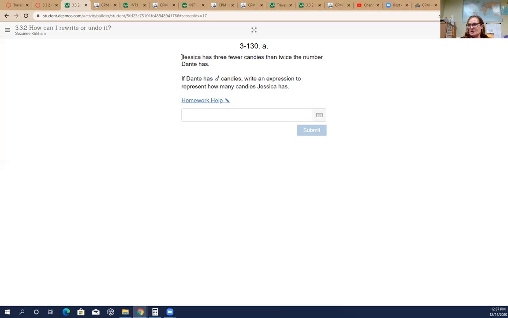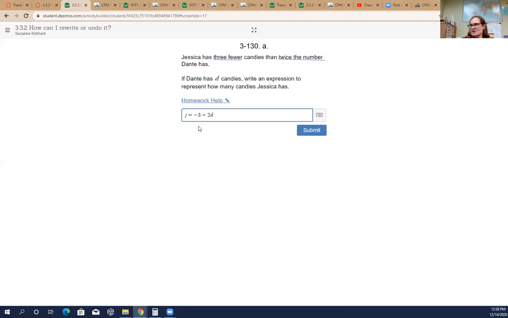Okay. So we just need to piece this thing together. The first thing says Jessica has 3 fewer candies. So we'll pay attention to 3 fewer. So J equals -3, plus 2D.